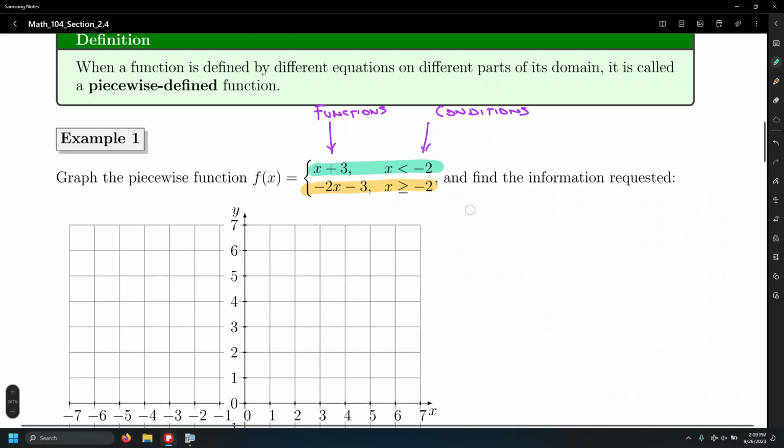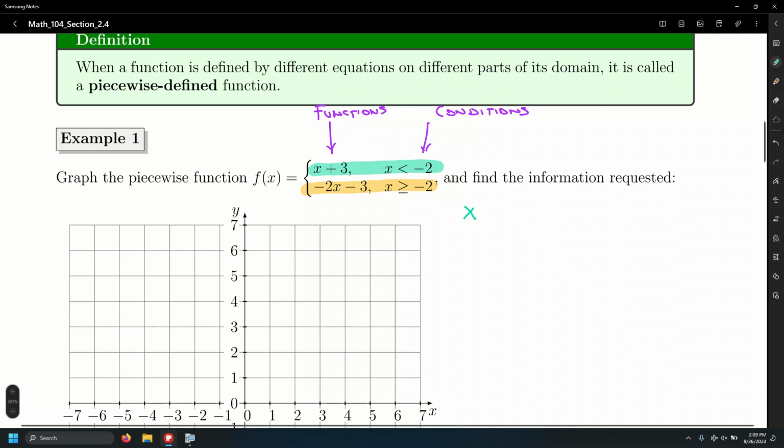And well, usually the way we graph the equations from the beginning of the semester, the technique here is to just input values of x. However, in this case, we can't just give any values of x at our discretion because we have a condition. So that means x plus 3 under the condition that x is less than negative 2.